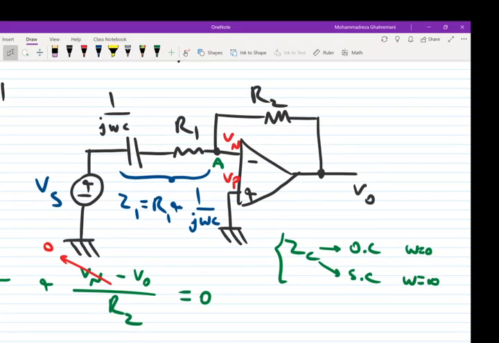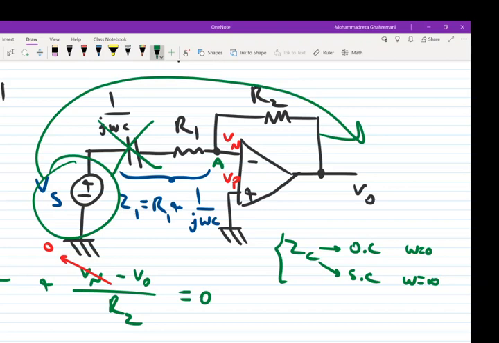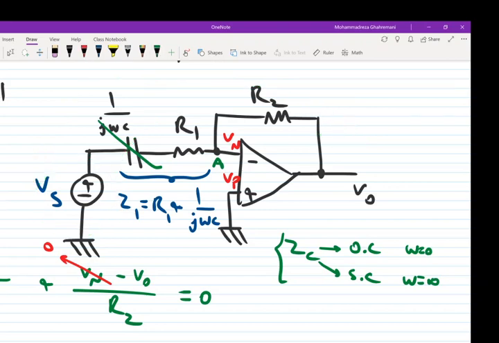If the frequency is 0, here is an open circuit and there is no path between input and output. So for a 0 frequency, the output is equal to 0.